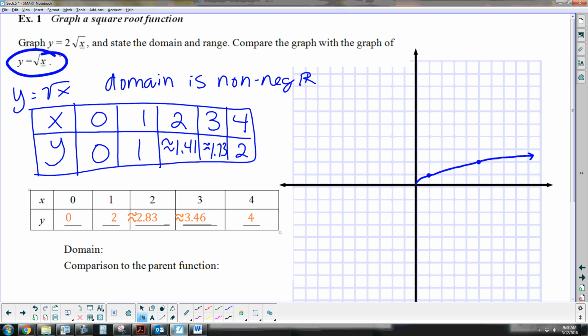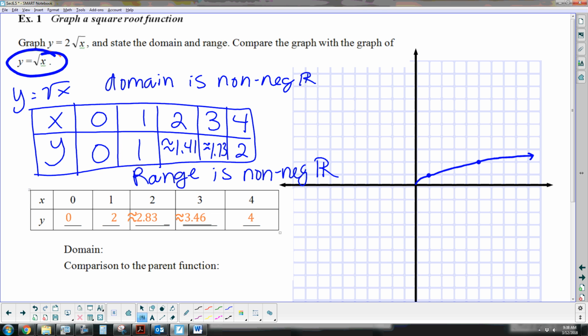That means instead of having positive or negative 1 for y equals the square root of 1, we can only have positive 1. So our range is also non-negative real numbers.